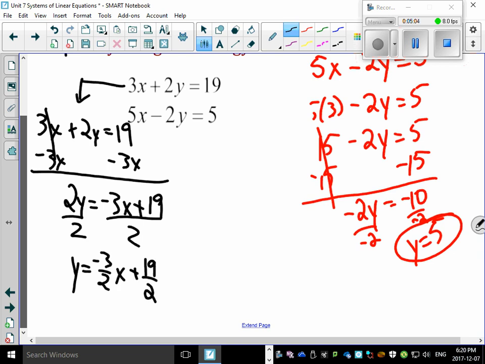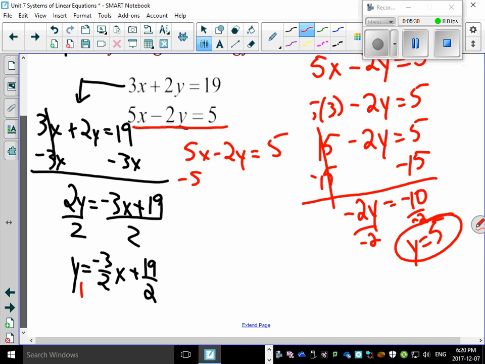Could you imagine substituting that ugly equation into this one up here? Gosh, that would be all fractions and it would just be terrible, wouldn't it? Yes, it would. Now, look at this one. Let's solve that for y equals, because in order to put it in the calculator, remember, there's your y1. We now need our y2. All right, so 5x minus 2y equals 5.